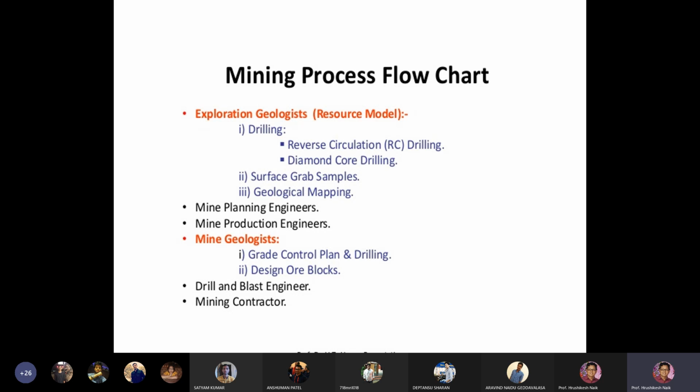And frequently in the mines, you go for drilling and you go for blasting, and after blasting, the material is loaded by the shovels to the dumpers, and taken to the beneficiation plant. These activities, drilling and blasting, can also be carried out by the mining contractors.